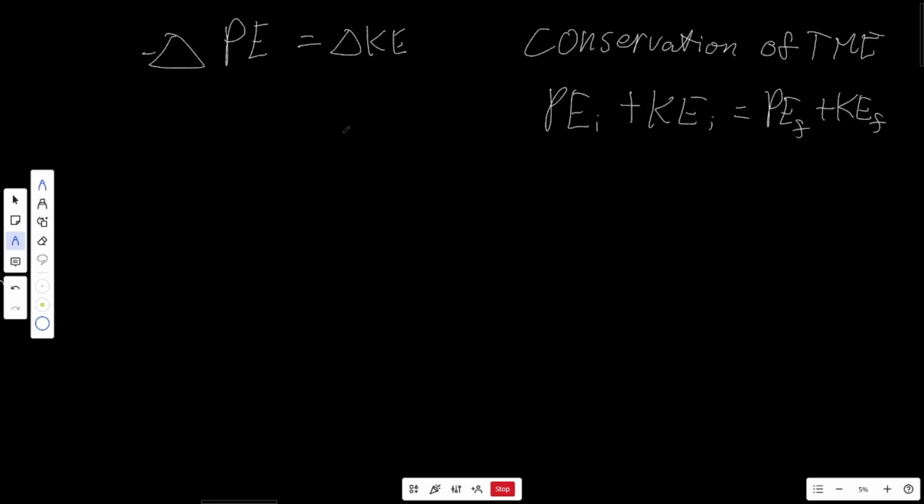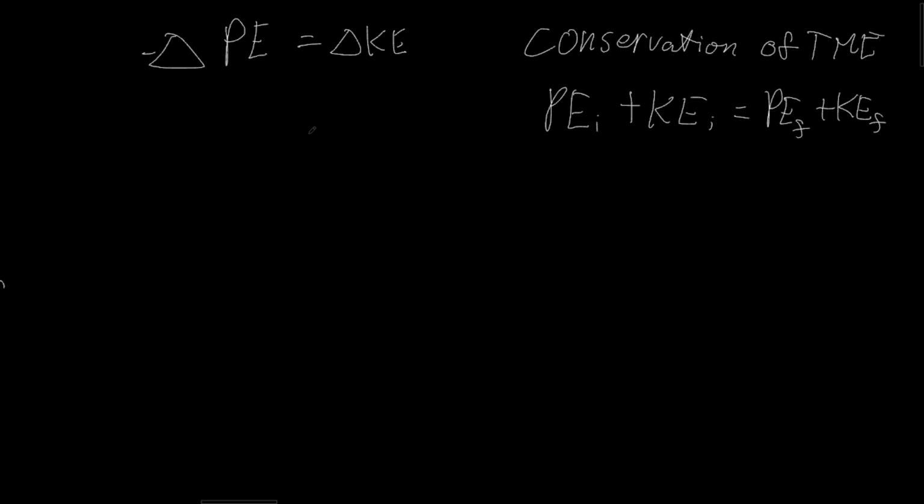Now, we want to show their relation together, right? So we want to see that delta PE is equal to delta KE. In order to do that, we need to solve for them in one term.